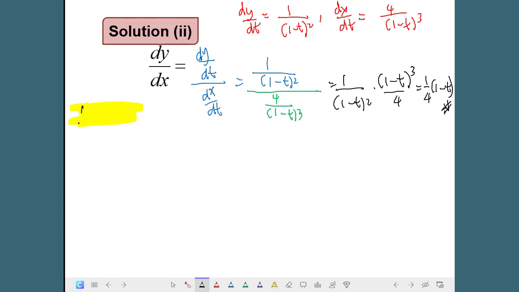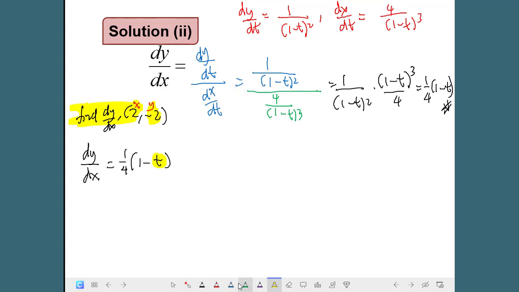Second, find dy/dx at the point (2, negative 2). This is the x value and the y value. Now dy/dx is equal to 1 over 4 times (1 minus t), so we're going to find the value of dy/dx. Here t is the parameter in x and y, so we need to find t from the given point.